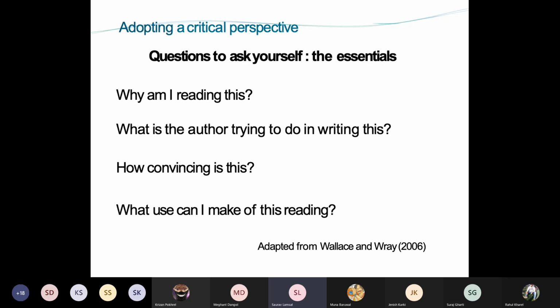The essential one is why I am reading this. What is the author trying to do in writing this? How convincing is this? And what use can I make of this reading? You need to ask these questions to yourself while reviewing.